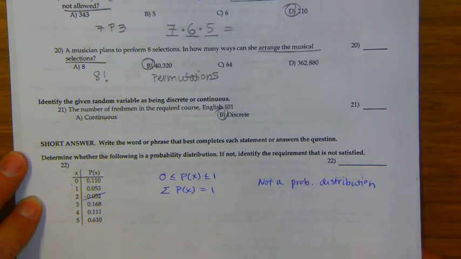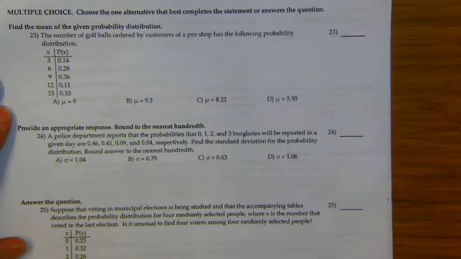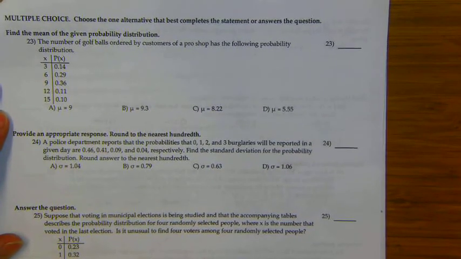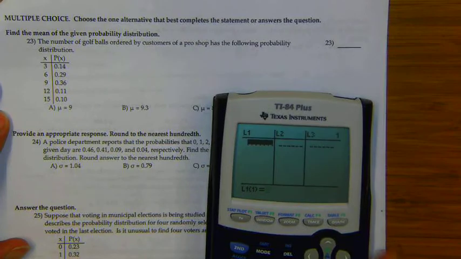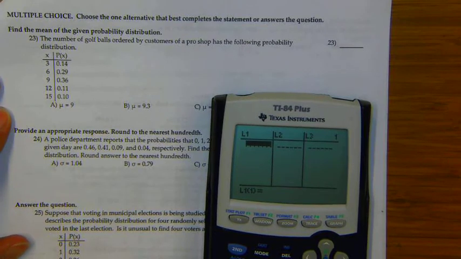We're going to move on to page 5, number 23. Over here we have a probability distribution given, and it says find the mean of the probability distribution. The way we do that is we go to Stat, Edit, make sure that your list 1 and list 2 are cleared.